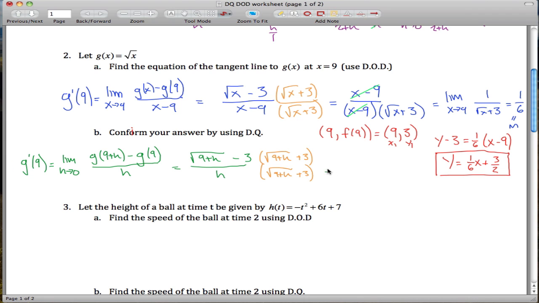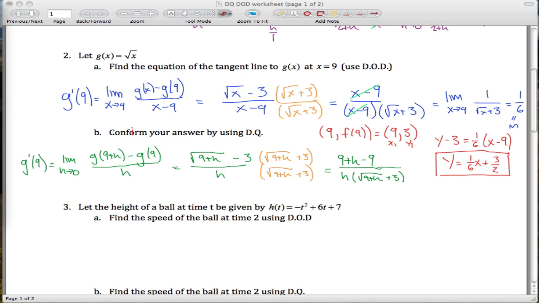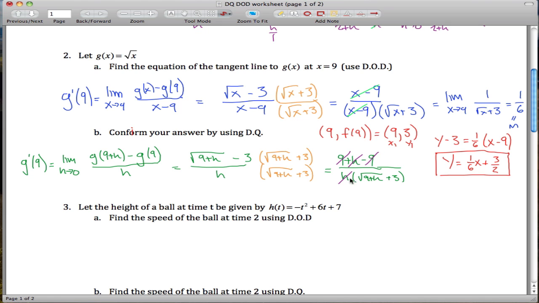And what you get is 9 plus h minus 9 divided by h times square root of 9 plus h plus 3. But up top, some stuff will cancel. I lost my canceling color, but I guess I can do it in any color I want. Plus 9 minus 9, h.